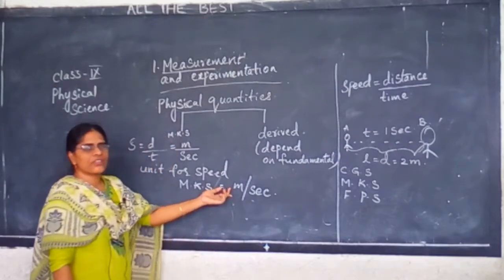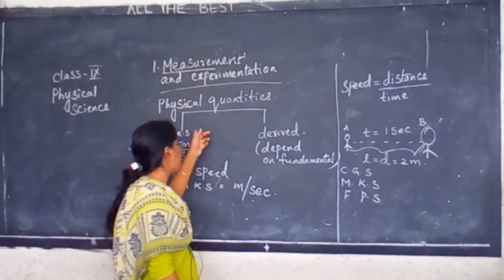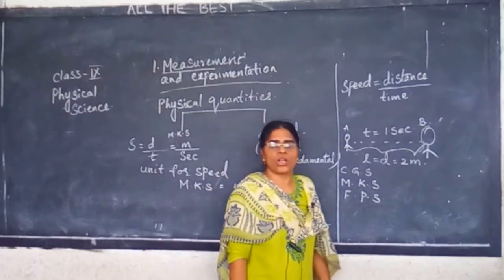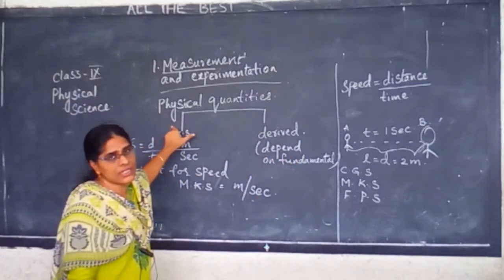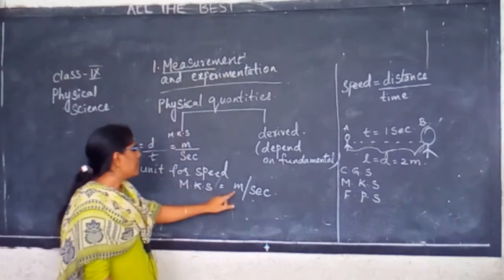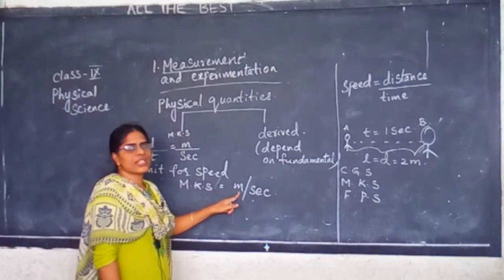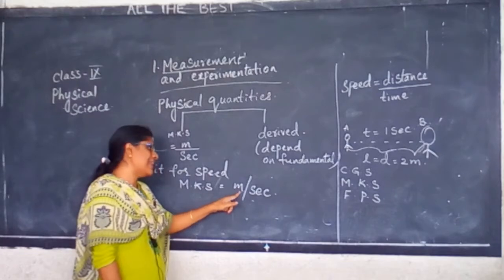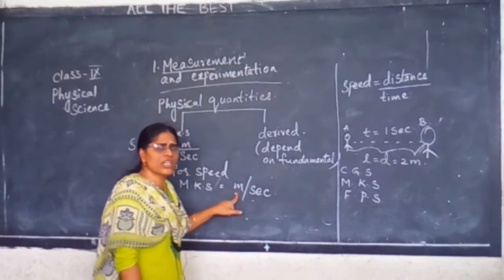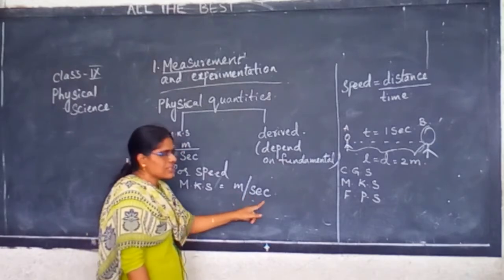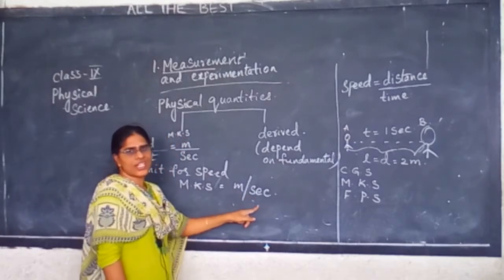What is meter? Where do we get this? I have told you, fundamental quantities. What are those basic? Length, mass, time, I have told you. Meter means it is nothing but distance. That is length. Now length, is it a fundamental quantity? Seconds. Which quantity we will measure in seconds?